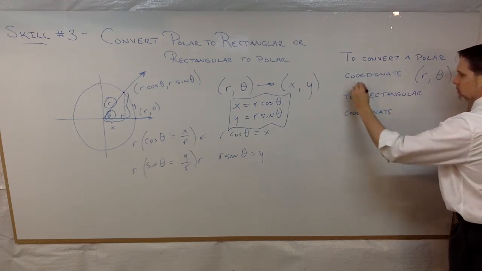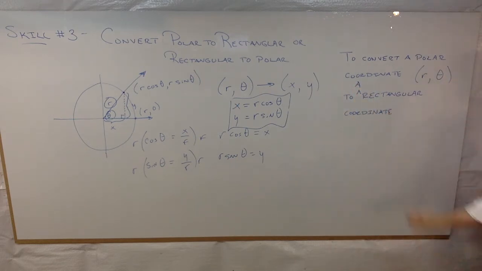Should be saying to a rectangular coordinate, the old familiar x comma y, x coordinate, y coordinate. So you want to go from a -3, 135 to some x, some y. Where would that be located in the Cartesian coordinate system if I superimpose the polar on top of the rectangular?